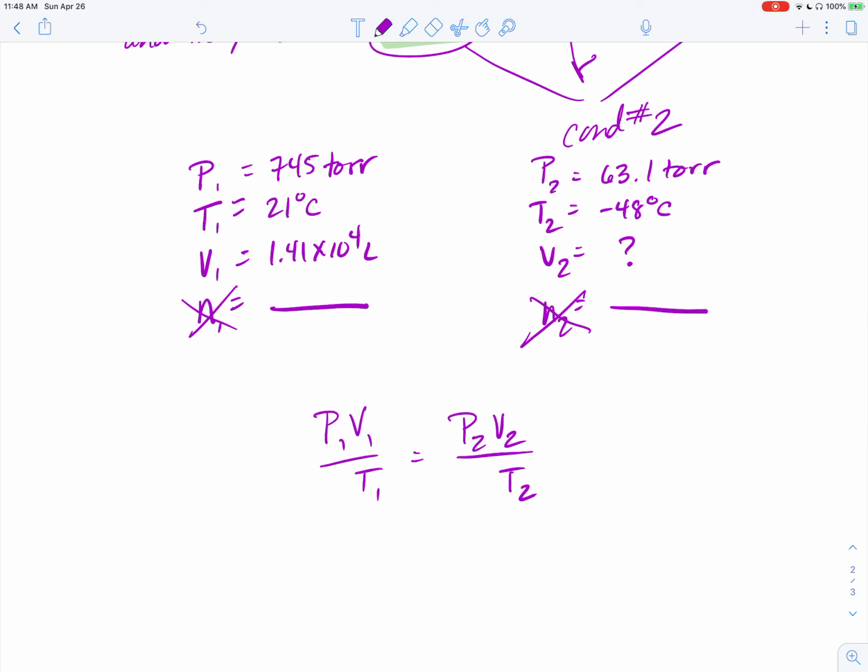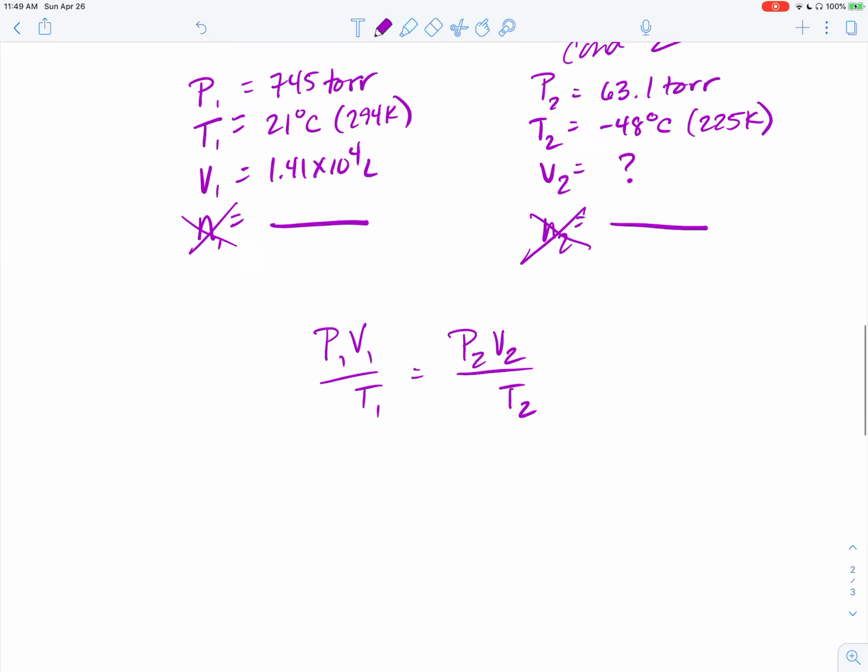Before we use this equation, we need to make sure that we're in proper units for temperature. 21 degrees C is actually 294 Kelvin, and negative 48 degrees Celsius is 225 Kelvin. As long as the values of pressure are in the same type of unit and the volume is in the same type of unit, you can just leave those as they are.